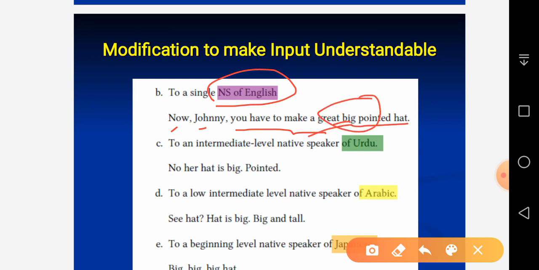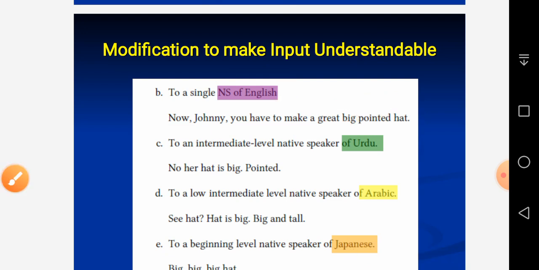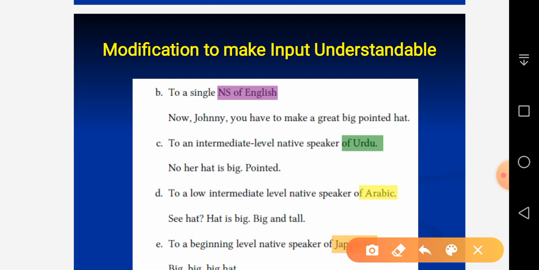You can see, this is a direct instruction given to a native speaker. But non-native speakers need this language to be modified and simplified, otherwise they won't understand and develop their own language. So the teacher says to an intermediate level native speaker of Urdu, "No, her hat is big pointed." It means they are making hats. So the language has been simplified for the Urdu speaker.